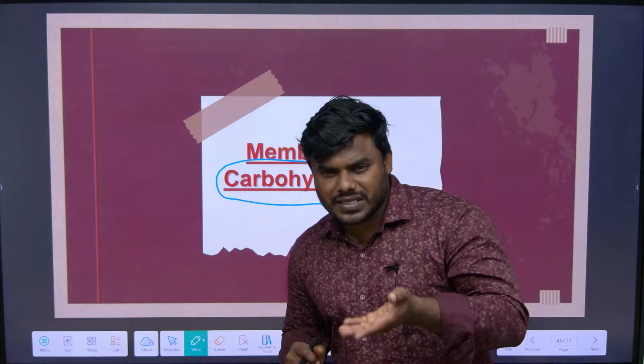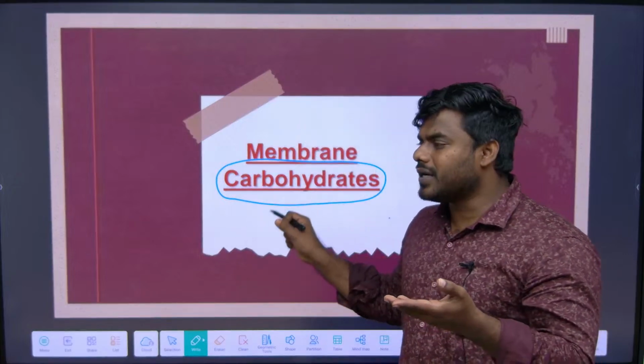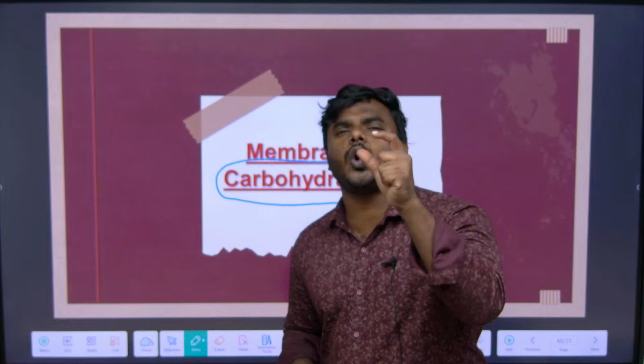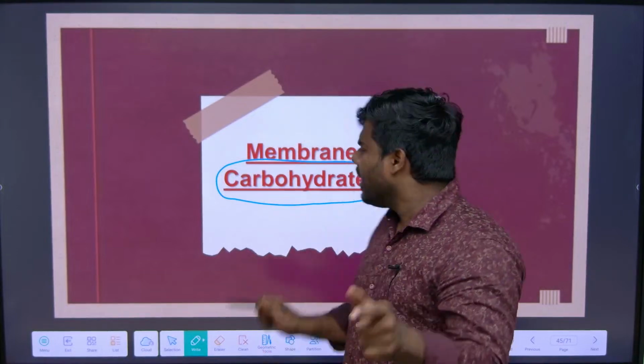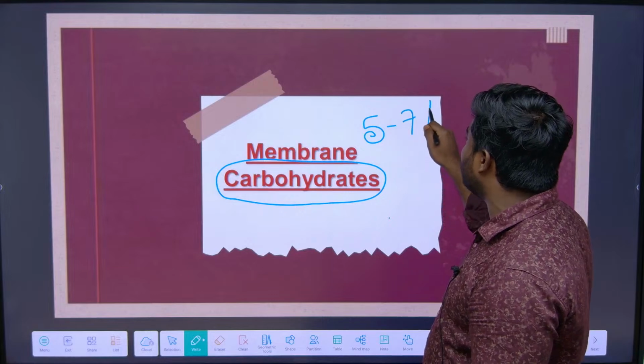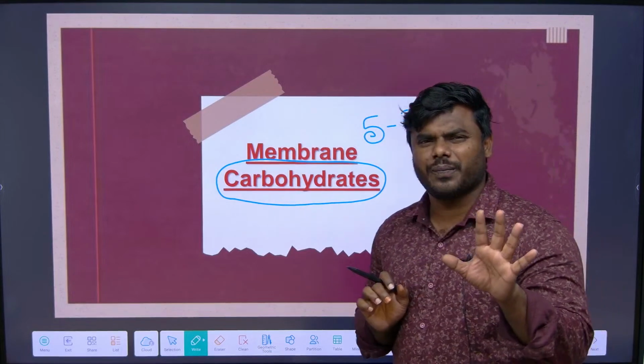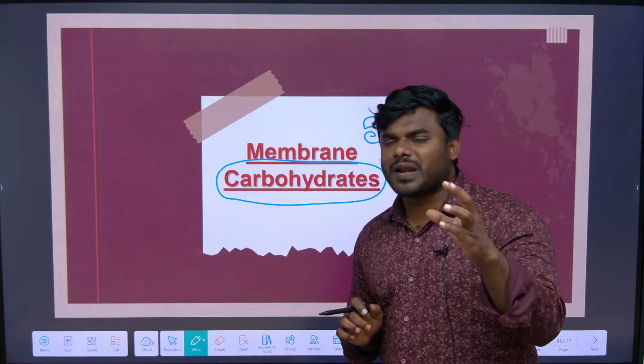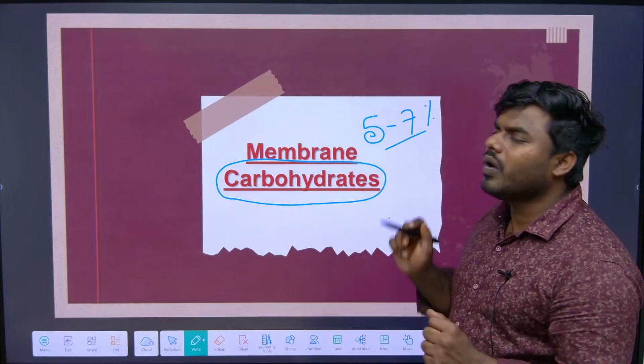Compared to the proteins and lipids, carbohydrates are always present in the lowest percentage, very lowest. I can say hardly it is present, only 5 to 7%. 5 to 7% of the plasma membrane contains carbohydrates.